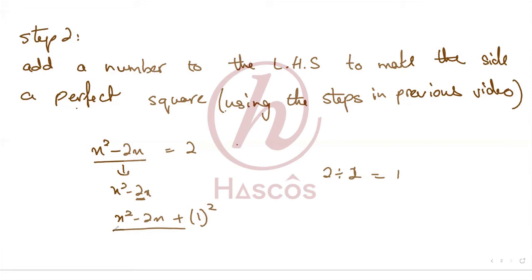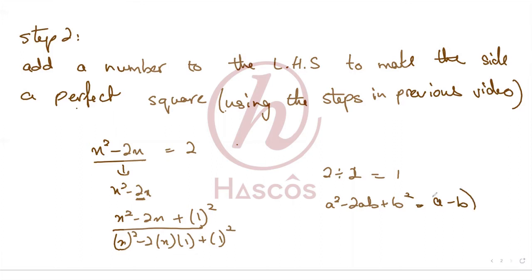And you know this is identical to the identity a squared minus 2ab plus b squared. So we can write this as x squared minus 2 into x into 1 plus 1 squared. And we know that this identity can be written as a minus b the whole thing squared. So we can write this as x minus 1 the whole thing squared. So the left hand side has been converted into an x minus 1 whole square.